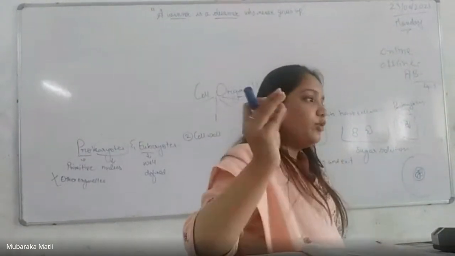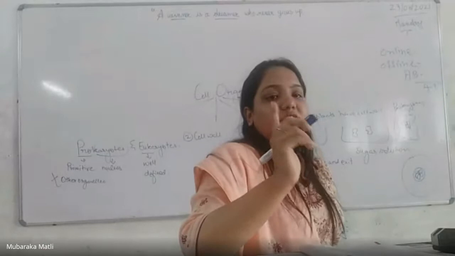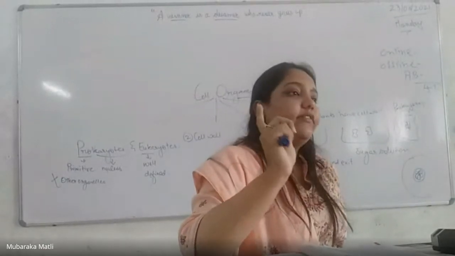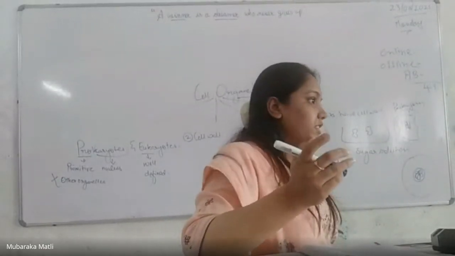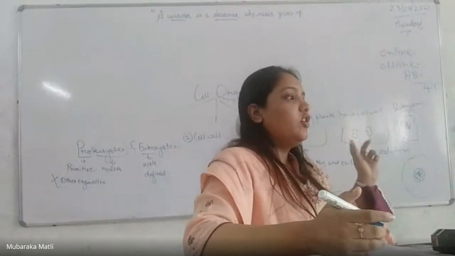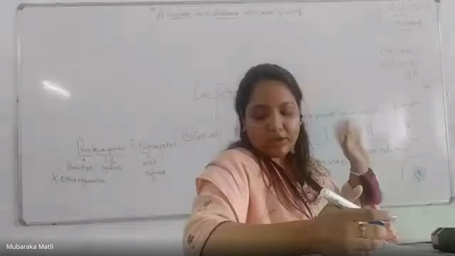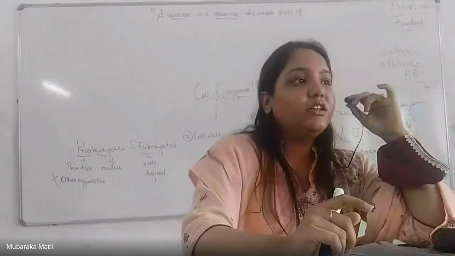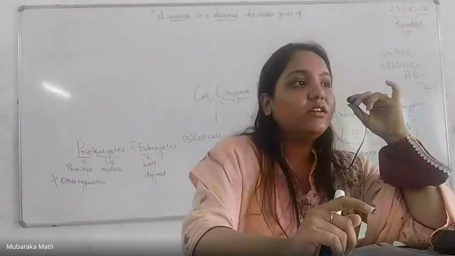So in prokaryotes, a defined nucleus is not there, and also there will be membrane-less organelles. Since the nucleus is not well defined in prokaryotes, the organelles will not be defined either. You should know the difference between prokaryotes and eukaryotes. Prokaryotes are primitive and not very defined.